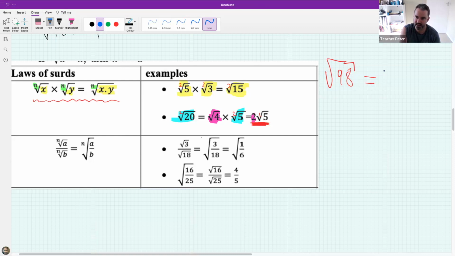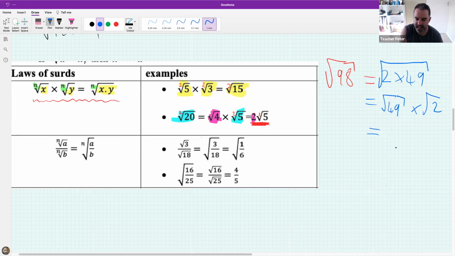Okay, Buchler has said 2 times 49. So if I wrote it like this, I could then write it as square root 2 times square root 49. Actually, it's probably nicer to write it the other way around, like square root 49 times square root 2.